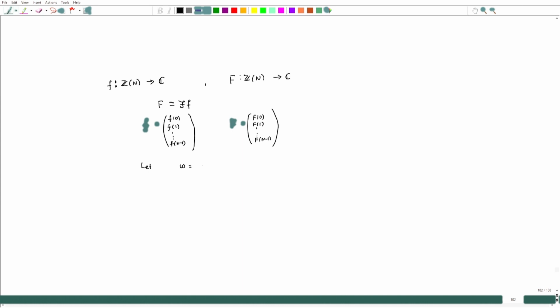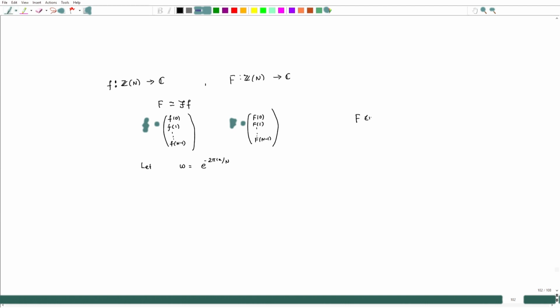Let omega be equal to e to the power minus 2 pi i by n. Now, what is our Fourier coefficient?